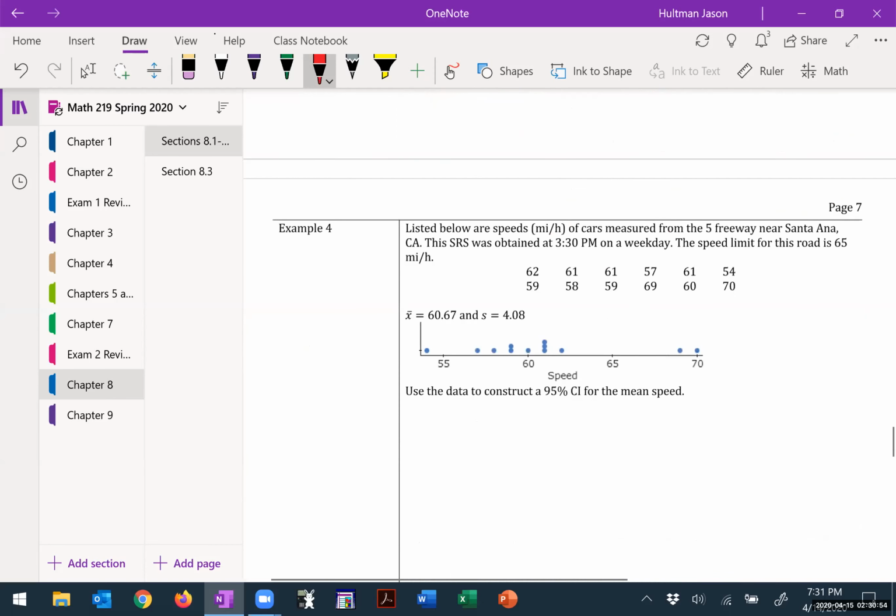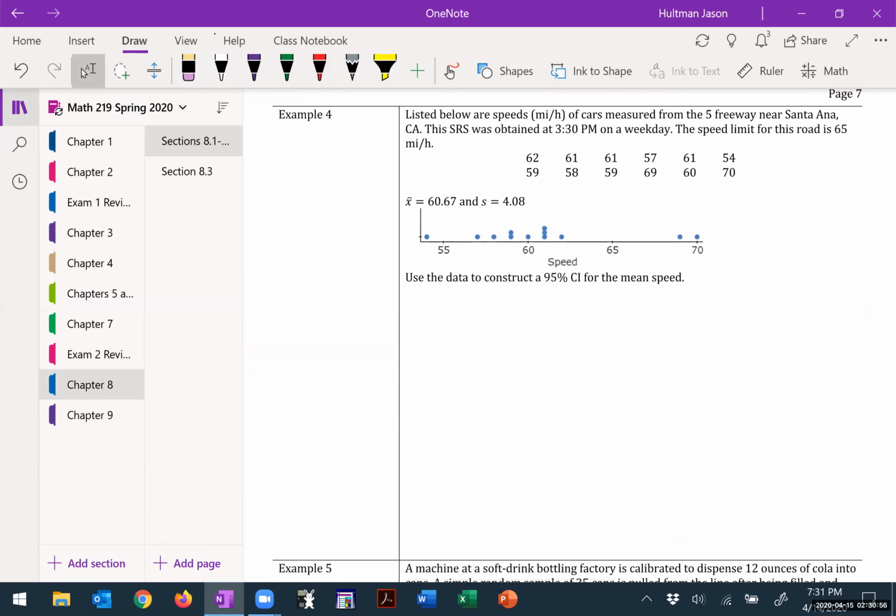Okay, example 4. Example 4 says, listed below are the speeds, in miles per hour, of cars measured from the 5 freeway near Santa Ana, California.